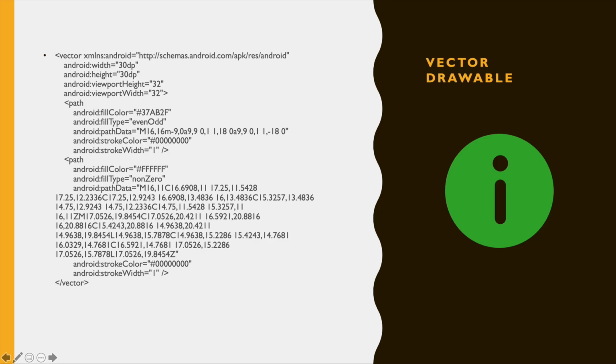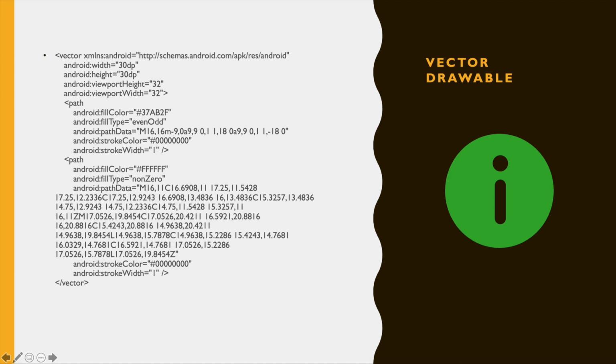Also, you can use the vector drawable. The vector drawable is an XML file. It's a vector image, so it's only text, and it's rendered on the phone by the system. So it's not an image with pixels and everything, it's just a text file describing the image.